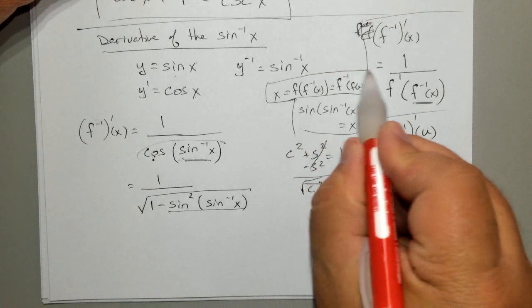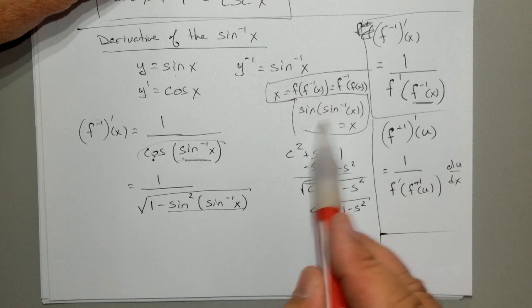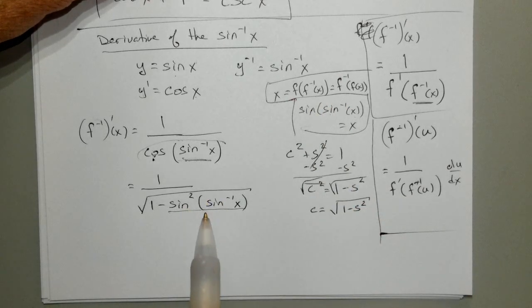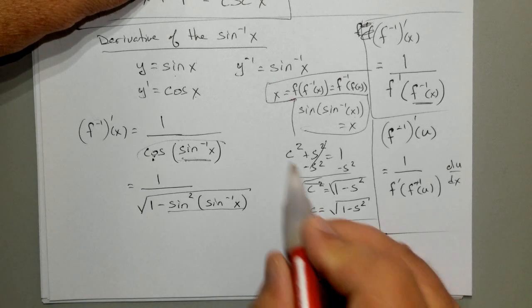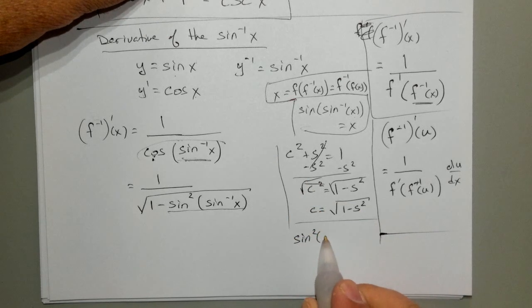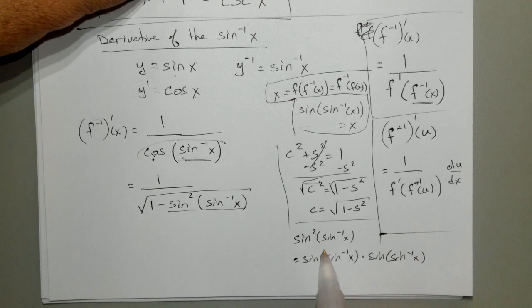There's another rule we have to apply. This, we just did here, how does that relate to this? What can this become then? Let's see. You're close. Sine squared of the inverse sine of x is actually, since there are two of them, sine of sine inverse of x times sine of sine inverse of x, because it's squared.